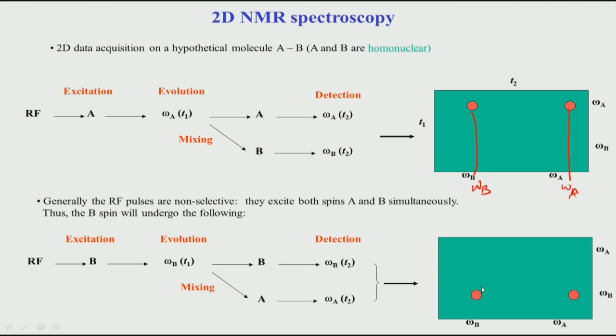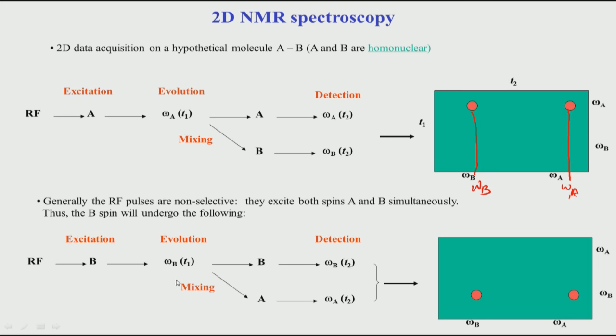As shown in this picture, it is T2 on the horizontal axis and T1 on the vertical axis. Now, during T1 it is B and during T2 it is B. So, both are the same, B and B, and therefore that will be this peak here, which corresponds to B on this side and B on this side.